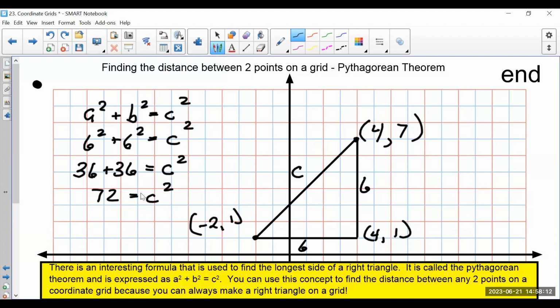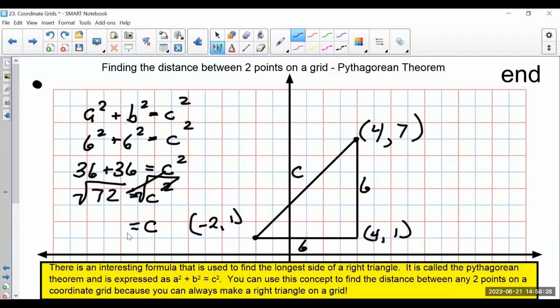And to get rid of the squared, you have to do the square root. So we're going to do the square root on both sides. Whatever you do on one side, you got to do on the other. These two cancel out and you just get C equals square root of 72.